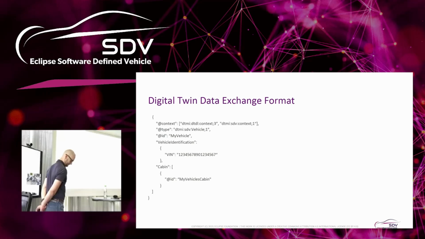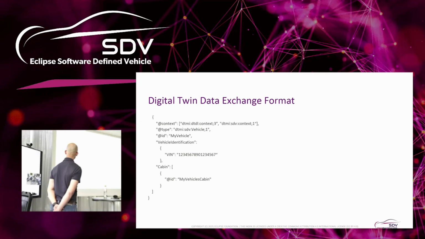And so the one that we came up with is based off of JSON-LD. It's a derivative of JSON, and what JSON-LD is very good for is building and representing graphs. It also has the ability to associate the data with a particular type, which is our model ID, okay?